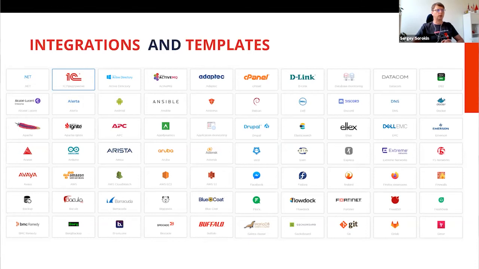If you look at our web section, which is devoted to templates and integrations, you would find there more than 300 different types of software and hardware, which Zabbix can either monitor or to which we can easily integrate. And that would give you the freedom of adding Zabbix to your infrastructure with many other applications being already ready to cooperate and work with Zabbix.